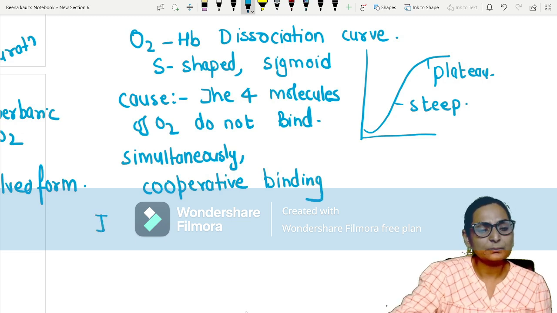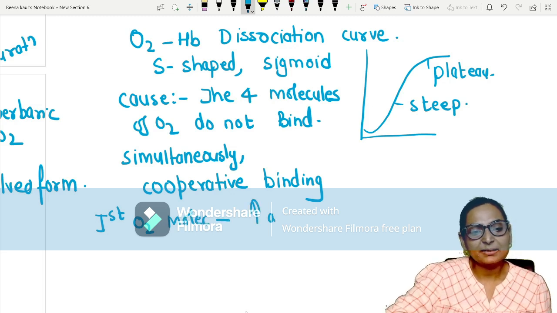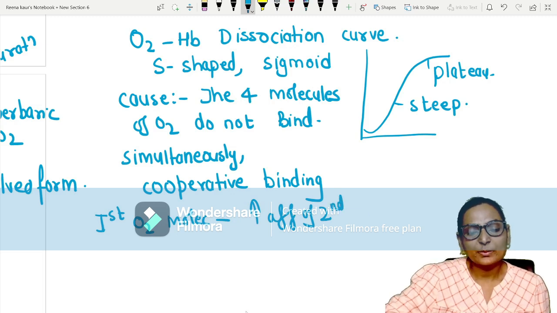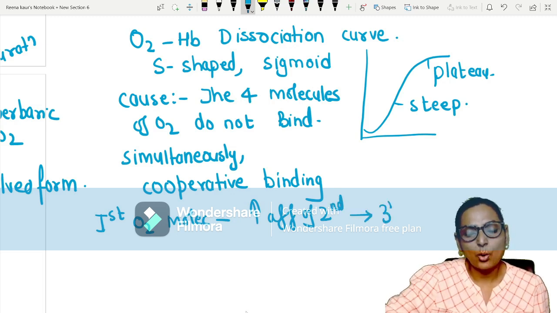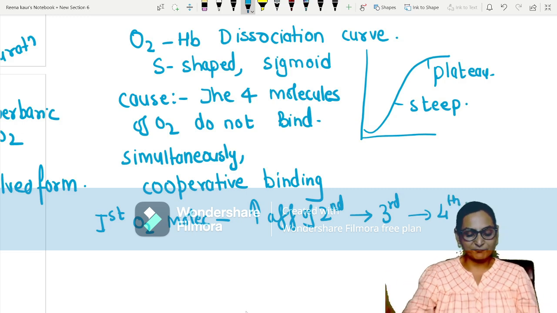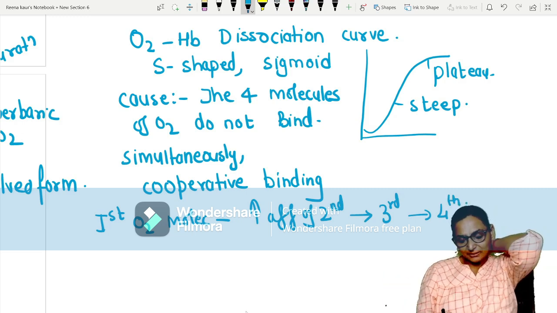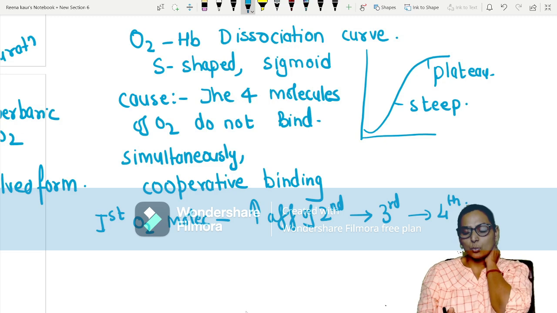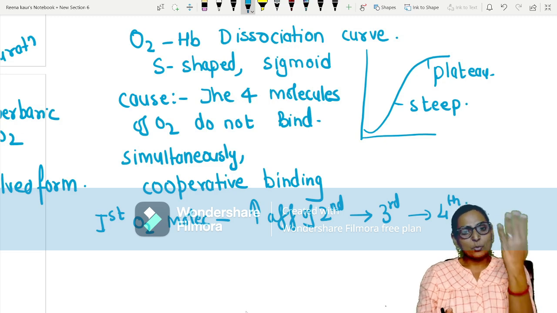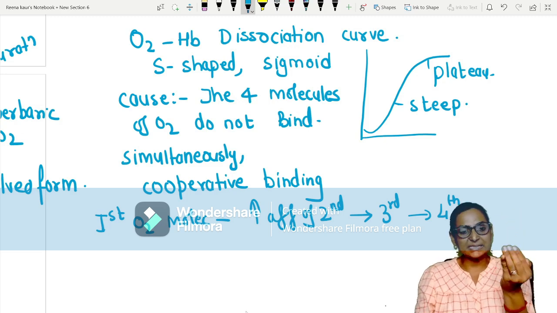First molecule increases the affinity of second, which will increase the affinity of third, which will finally increase the affinity of fourth. Okay, so there is a changing affinity or there is a cooperative binding. So the fourth molecule binds most easily, right?